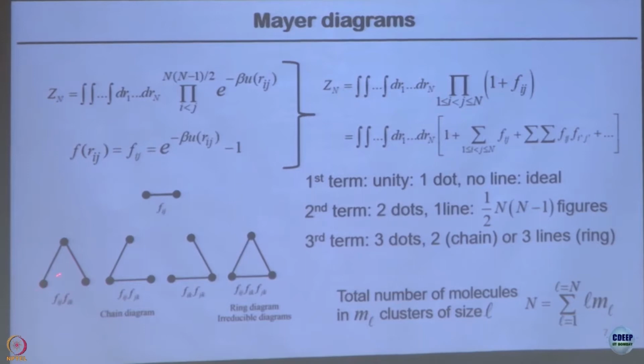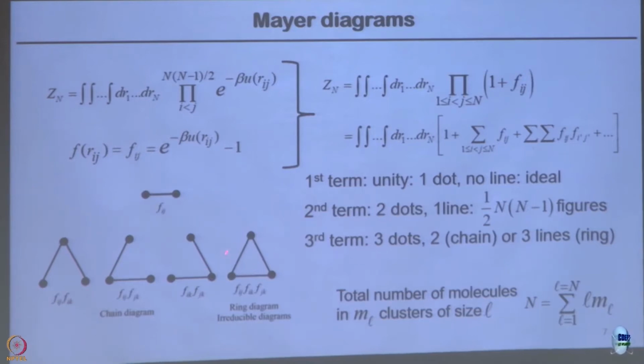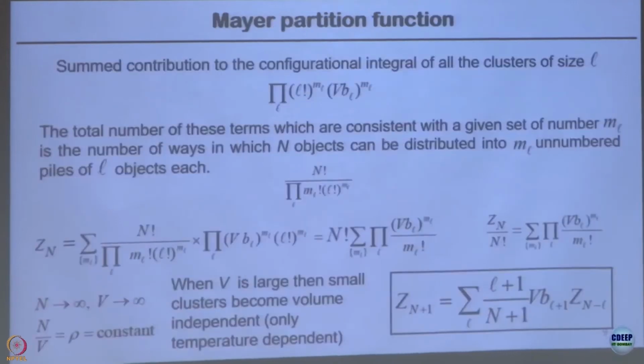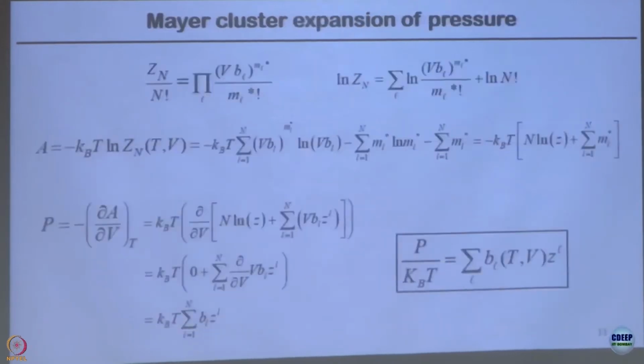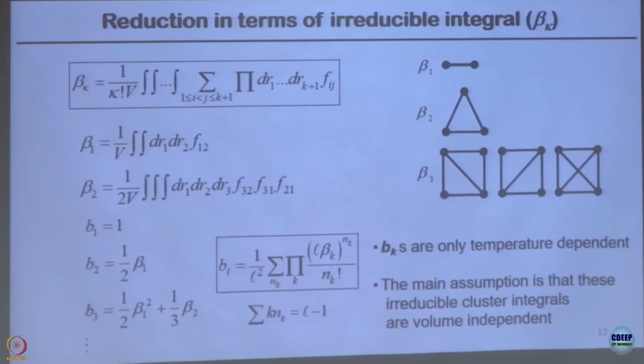It is constructed of 2 bonds, of which some are the same bond, but this is a different thing. So, can I further decompose this group of clusters into this quantity and this quantity, given that this is irreducible? And that was the next thing that Mayer did: reduction in terms of irreducible cluster integrals.